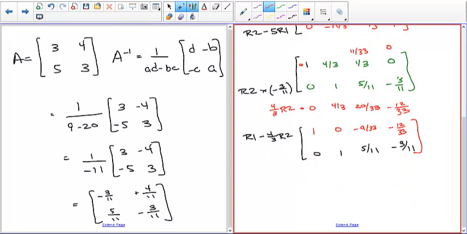And you can simplify those down now. So we're not going to divide, we're just going to simplify these fractions. These are both divisible by 3, so that becomes negative 3 over 11. Divide both by 3, and you do the same thing here, so you get 4 over 11, 5 over 11, and negative 3 over 11.